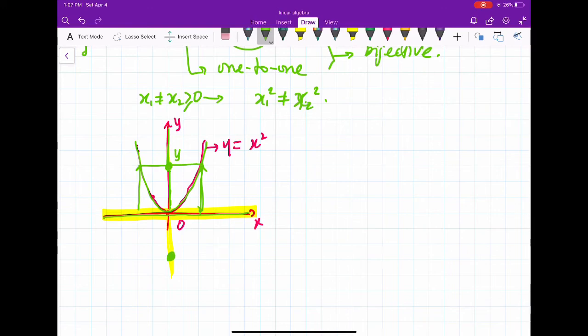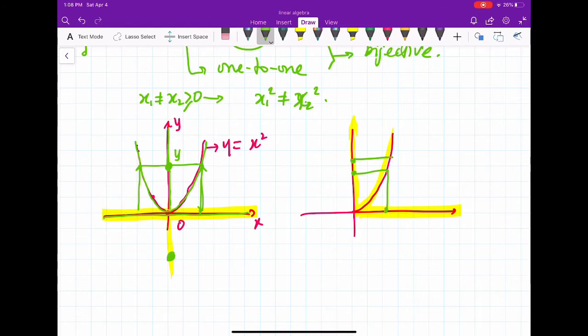But if you restrict the domain, considering only x greater than 0 and y greater than 0, the map is bijective because for each x, you have only one y, and for each y, you have only one x. Make sense? So that is about bijective, injective, and surjective functions.